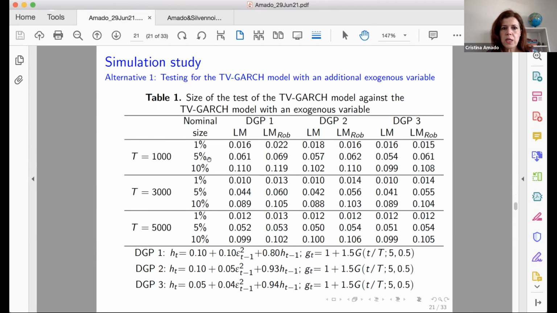And you can see, for instance, 5% nominal size, 4 different DGPs, just to show you how this could work for high persistence cases, simulating DGP2 or DGP3. Even for 1,000 observations, we have very good size results.